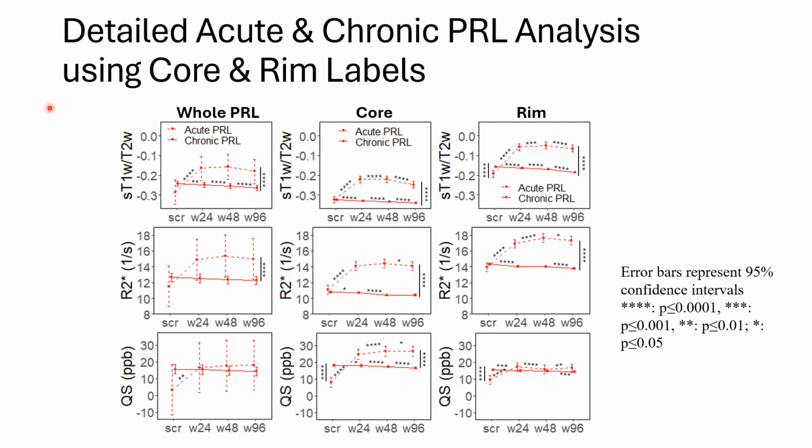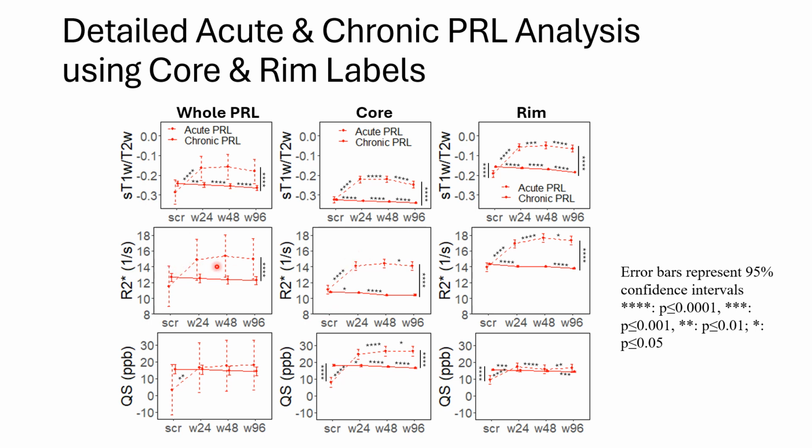In terms of detailed analysis of PRLs, you can see that core and rim labels produced significant results or significant trends that were not detected using whole PRL labels.